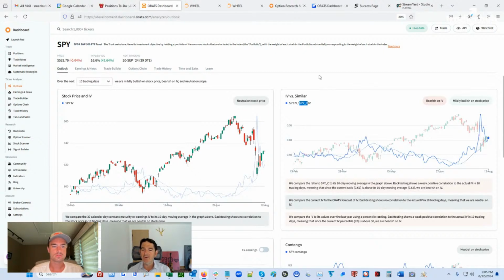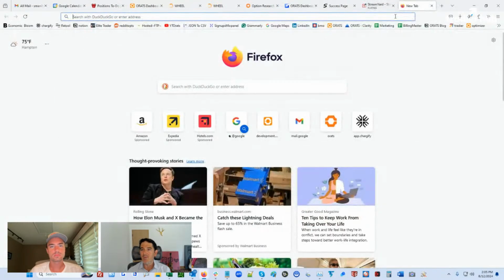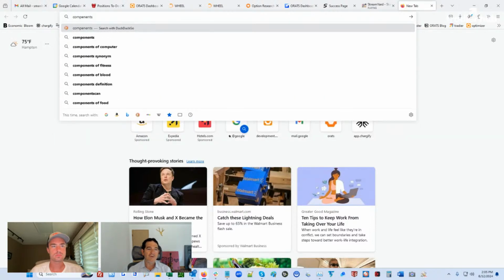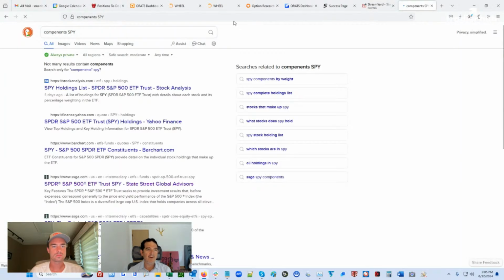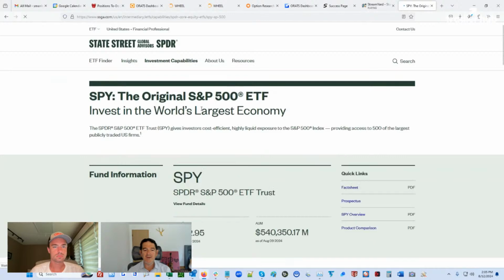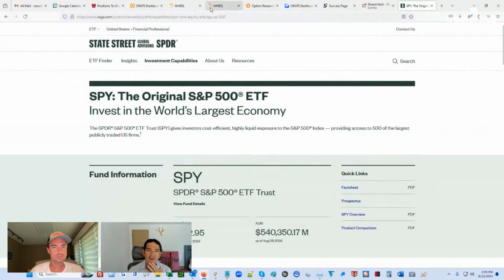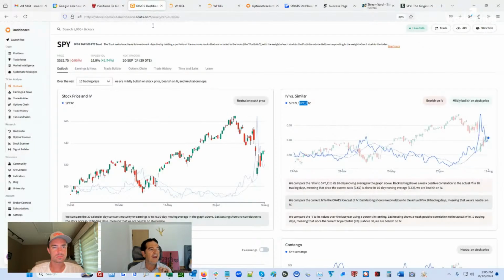So what you would do is type in the components for SPY, and then you find what the components are and what the weightings are. Then we go in and find, so Apple is one, Microsoft's another.